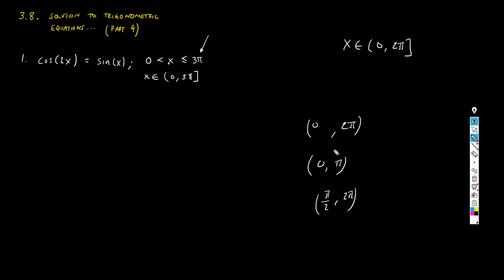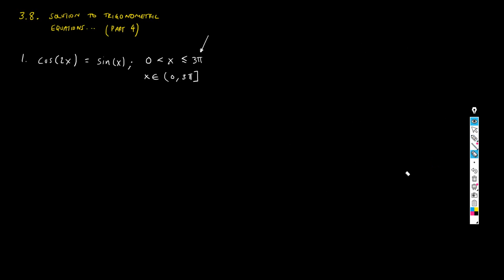We were always working within 0 and 2 pi. And now I'm going up to 3 pi. So what's up with that? You're going to see in a moment how this works. So let's get started.